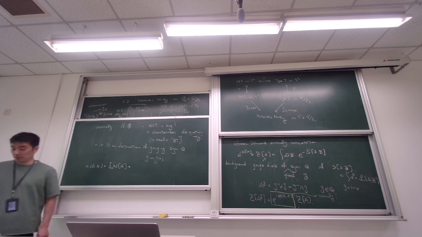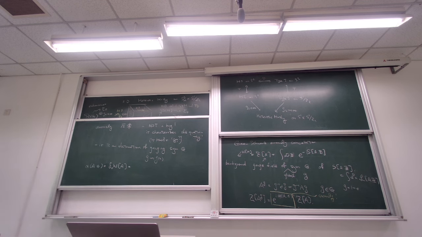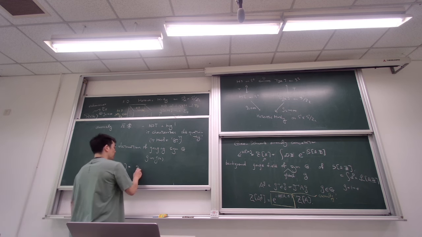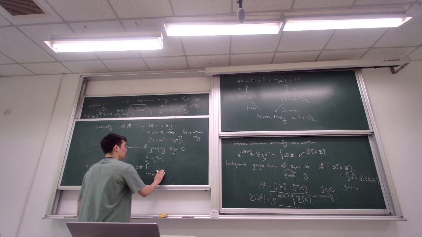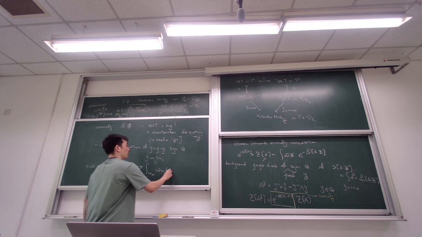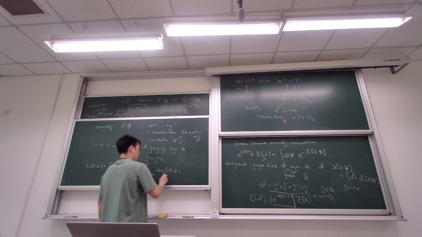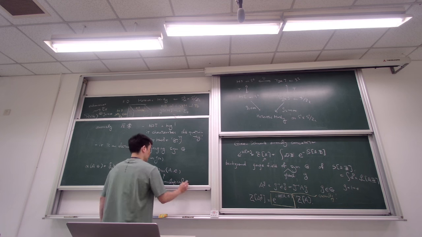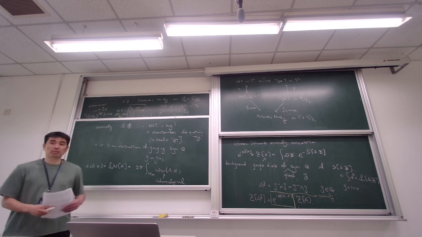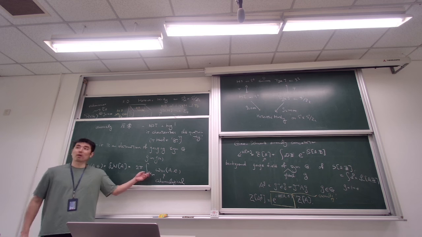And this cannot be removed by a local counterterm. So therefore, it can be written as some omega 2n of A, epsilon. And this is somehow cohomological. So it knows about some global topology of this space-time.